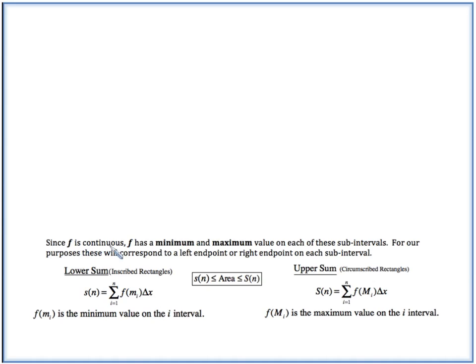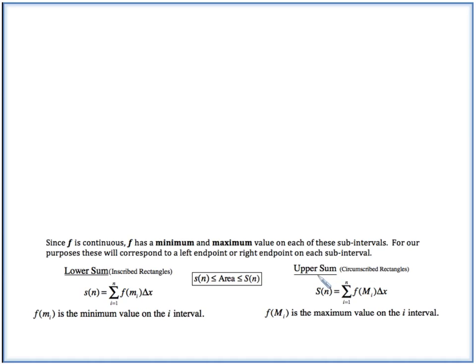So since f is continuous, f has a minimum and a maximum value on each of these subintervals. And for our purposes, these will always correspond to a left endpoint or a right endpoint on each of the subintervals. And so for a lower sum, we are going to use a lowercase s of n, so it's the sum of all the rectangles, and we get this notation where we have a lowercase m right here.